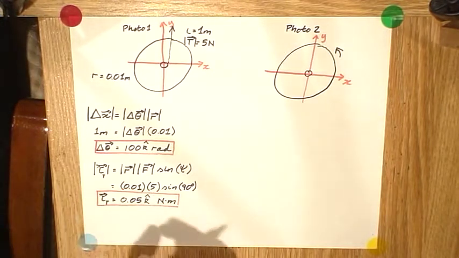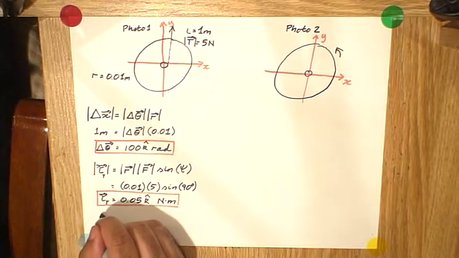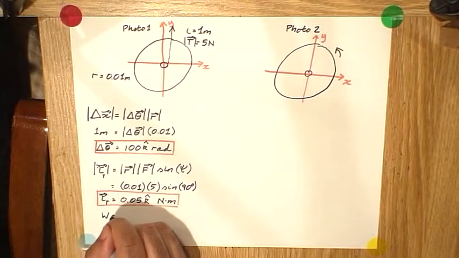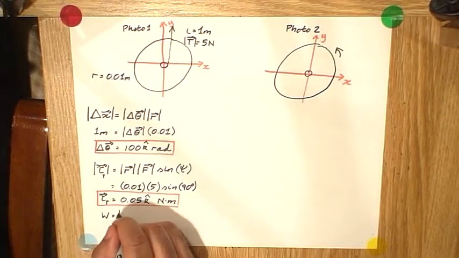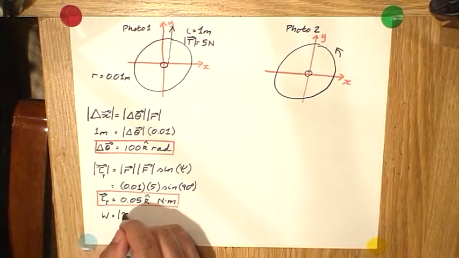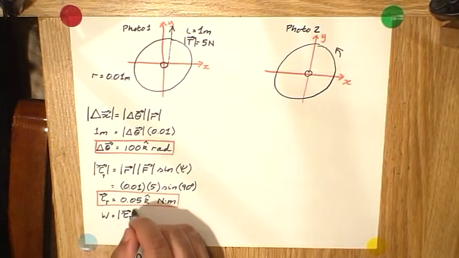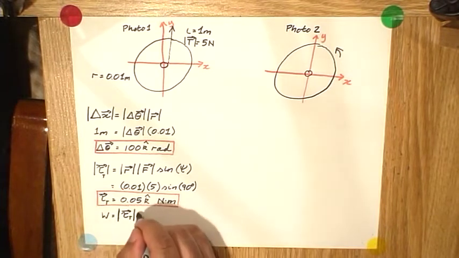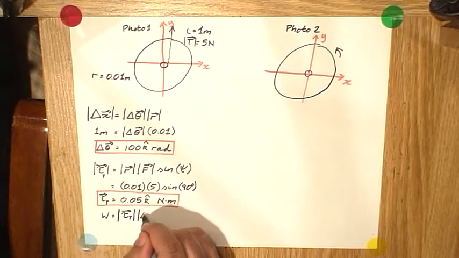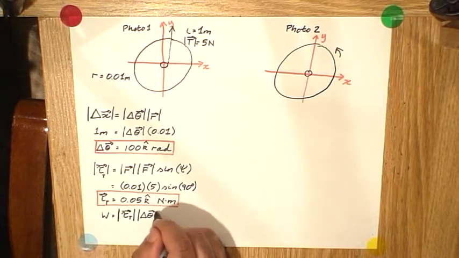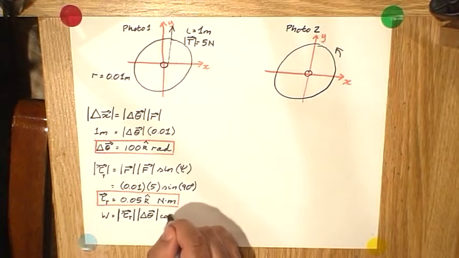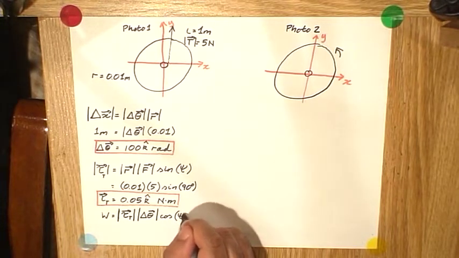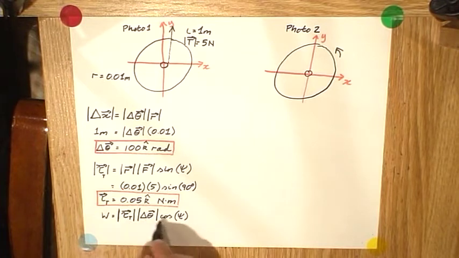Now, we just need to put all this information together to find out what the work is. Work is defined as the size of the torque multiplied by the size of the angular displacement multiplied by the cosine of the angle between these two vectors.